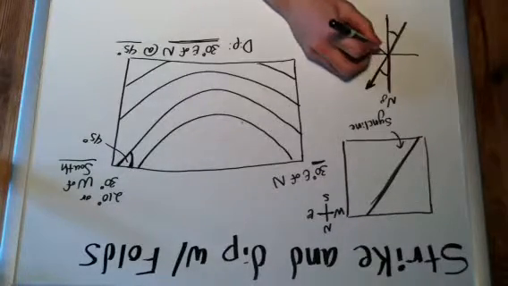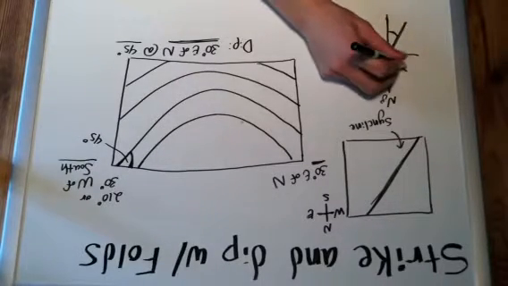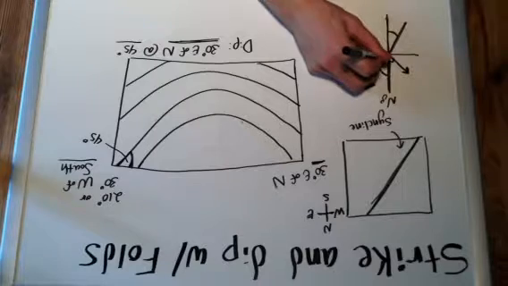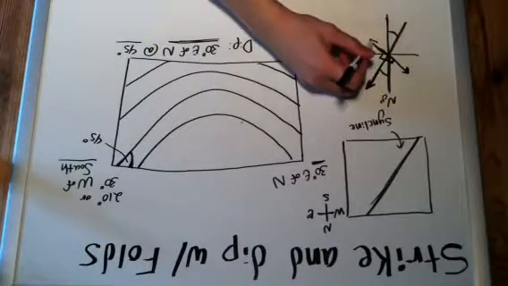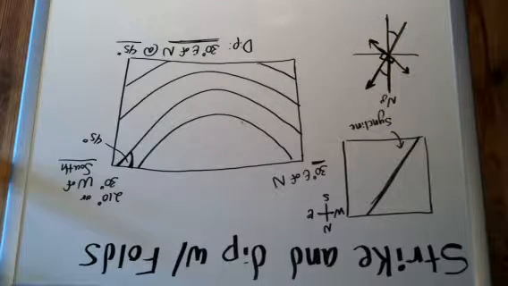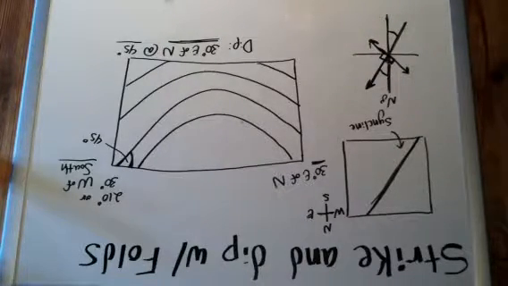You can form a 90-degree angle like this, or like this. Well, the way I think of it is strike is always 90 degrees less than the dip. That's determined using the right-hand rule usually. The direction of strike is always 90 degrees less than the dip. Dip is always 90 degrees greater than the strike. That's the relationship they have.